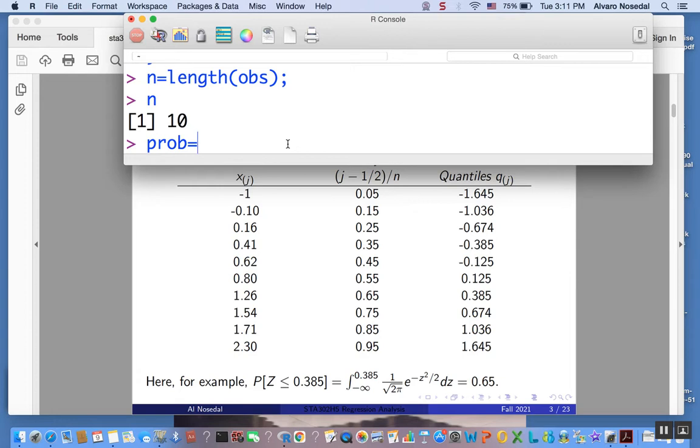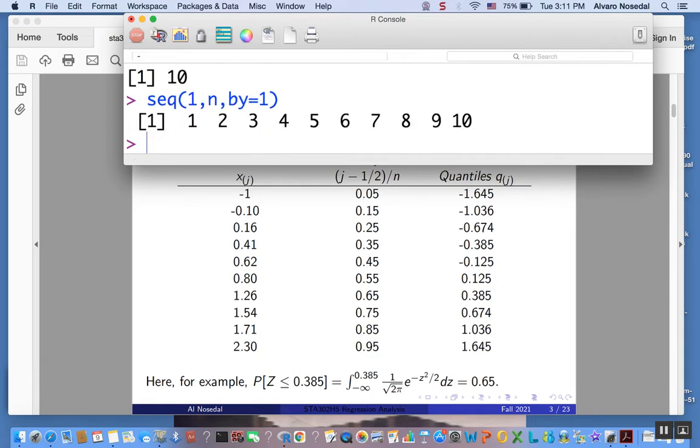So let me show you. I don't remember if we have already used this command, but if we haven't, let me show you. We can create a sequence from 1 to n with a distance of 1 between each of the elements.